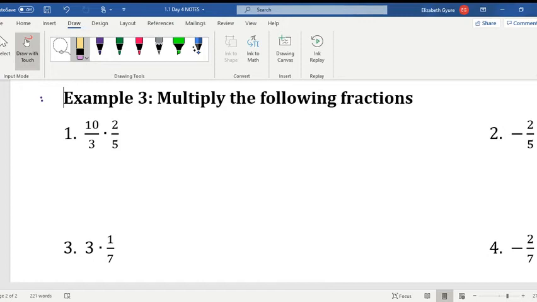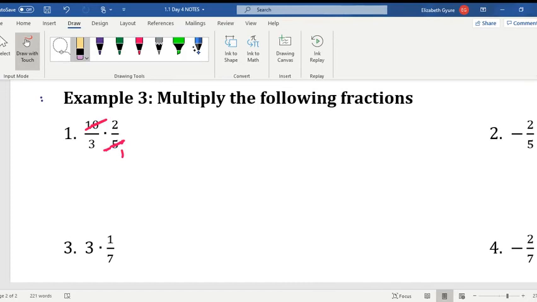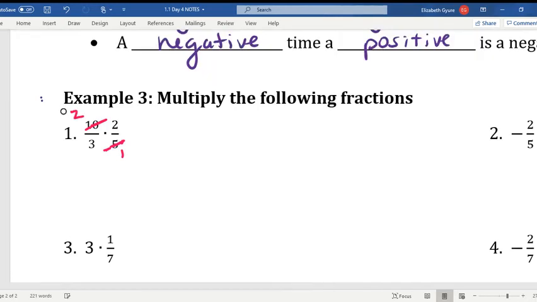So what I like to then do is cross out my number here, okay? 5 divided by 5 is going to give me a 1. 10 divided by 5 is going to give me a 2. Okay, and now I have some smaller numbers to work with.